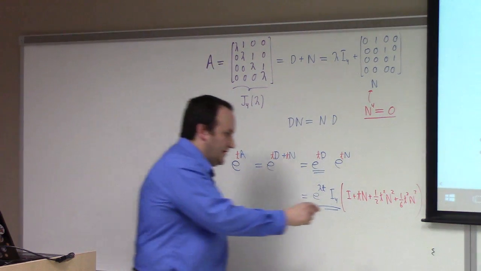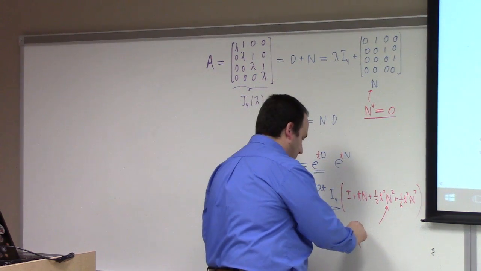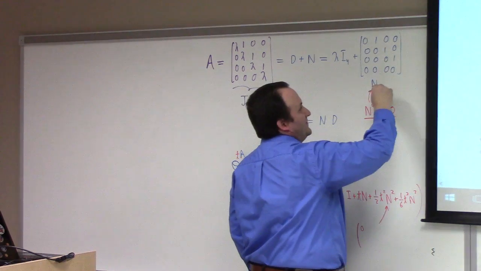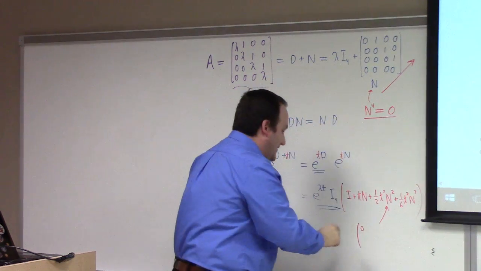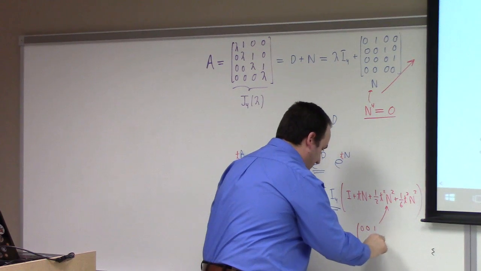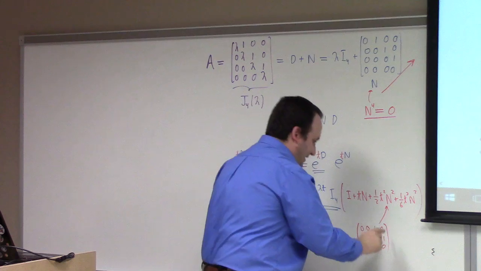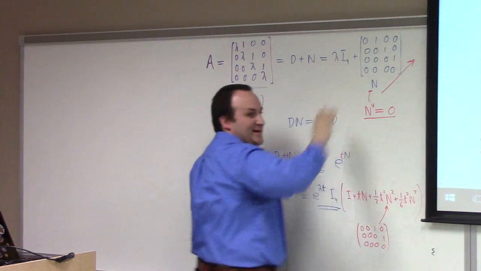This N squared is what? The way this multiplication works is you can imagine these going up and vanishing off the corner. So N squared is 0, 0, 1, 1. See that? The super diagonal ones become a super super diagonal.